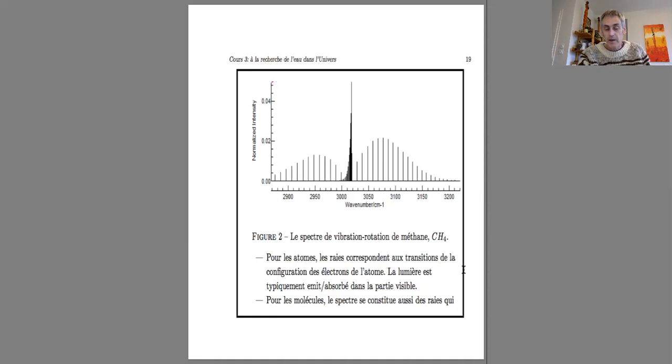I guess I'm saying here that the lines correspond to a transition from one energy state to another via either the absorption or the emission of a light quanta, a photon of light.